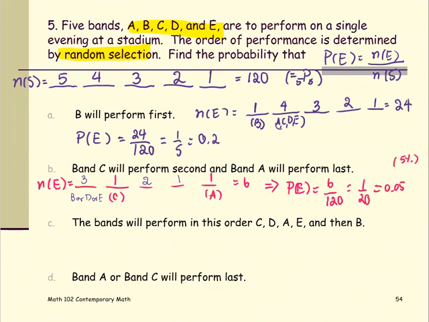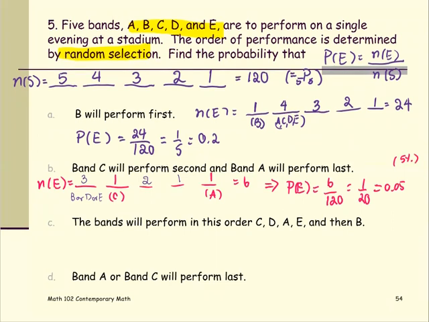The next one: the bands will perform in this order: C, D, A, E, and then B. C first, D next, then A, then E, and then B. It's already a fixed performance, so each position has only one option.